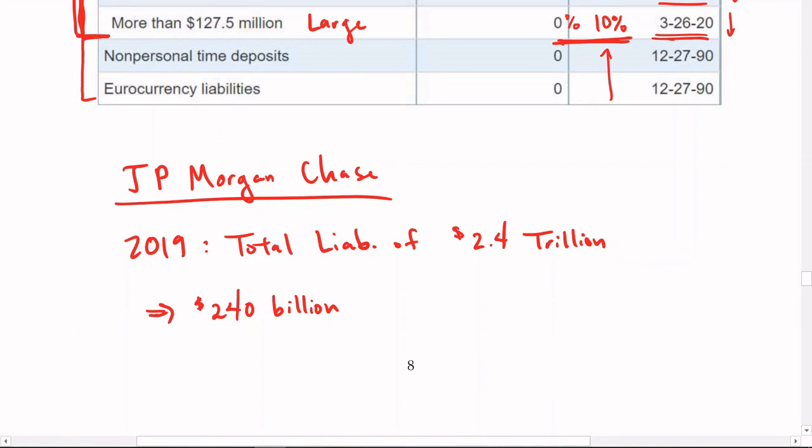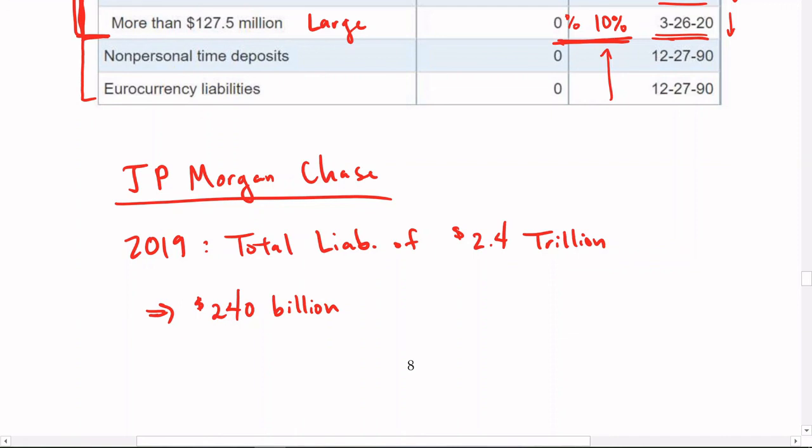But now that money can be used in the banking system, and actually that's the idea. The Federal Reserve wants to encourage them to use it to make loans, to spur consumer and business demand in the economy, by making more loans at lower interest rates, because all of this increase in new money, all of this increase in new loanable funds, is going to put downward pressure on the interest rates.